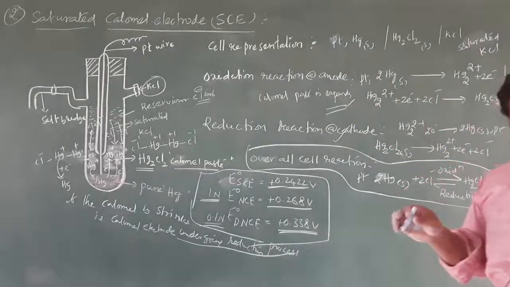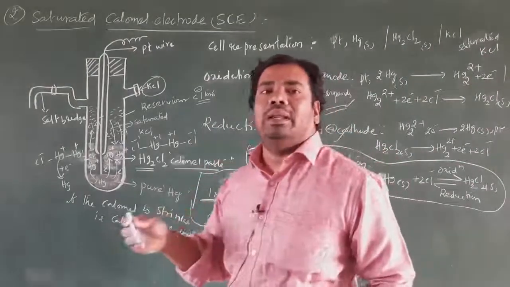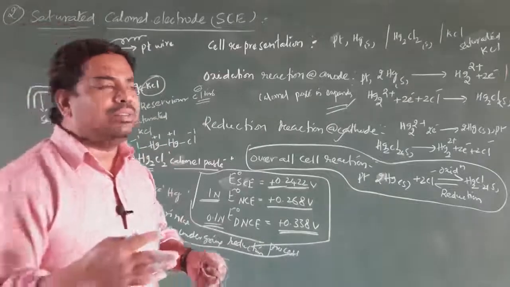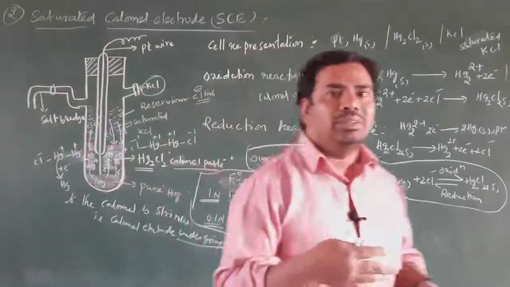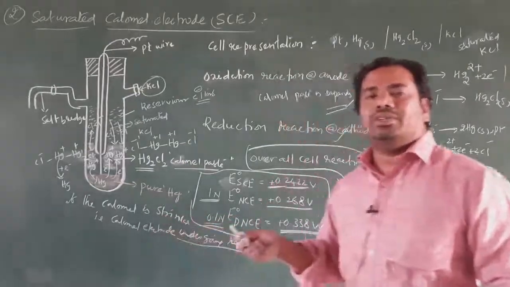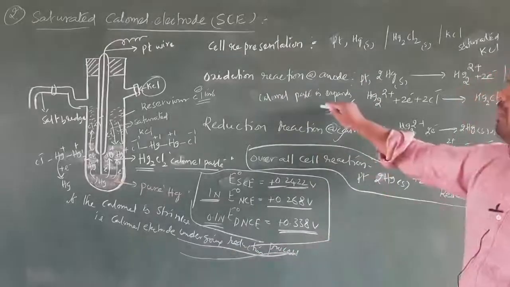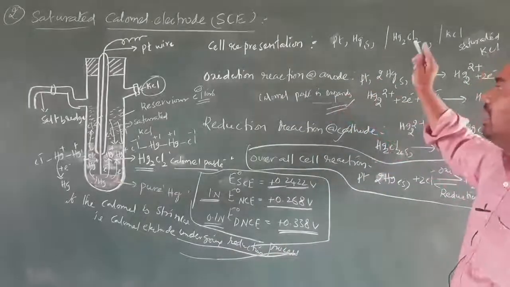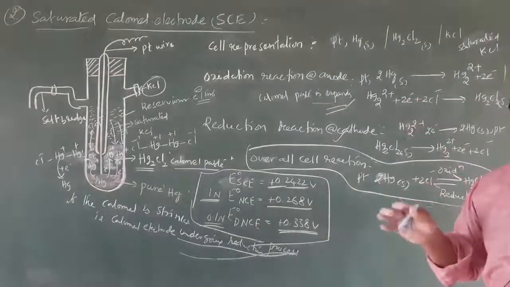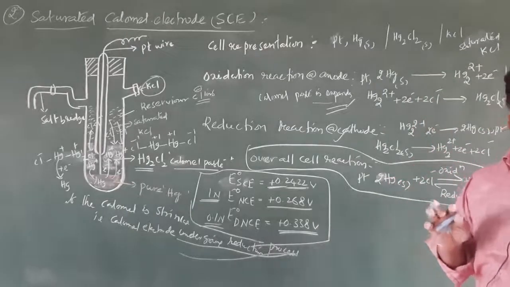So by observing the working of a calomel electrode, we can identify whether the oxidation reaction or the reduction reaction takes place. Okay, clear, student? If the calomel paste is shrinking, you can assume it is undergoing a reduction process. If the calomel paste is expanding, then the calomel electrode works as an anode, meaning oxidation reaction takes place. Okay, clear, student?